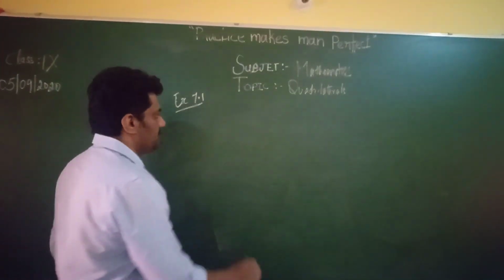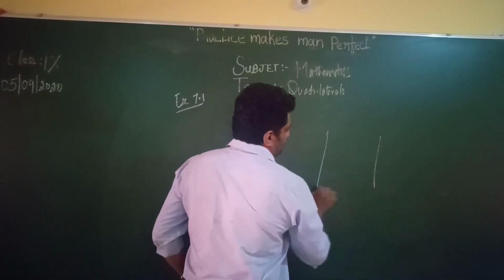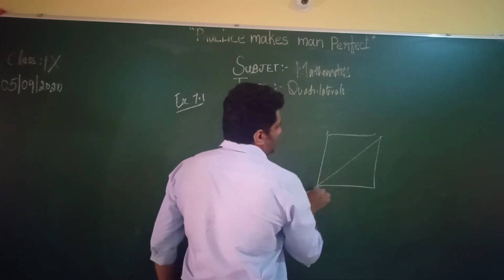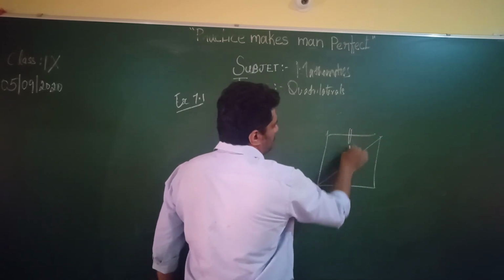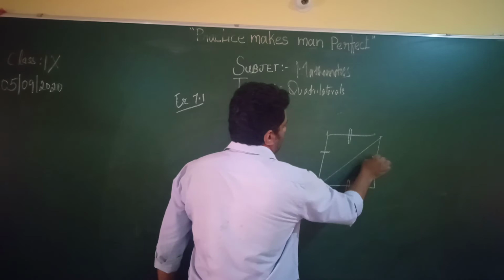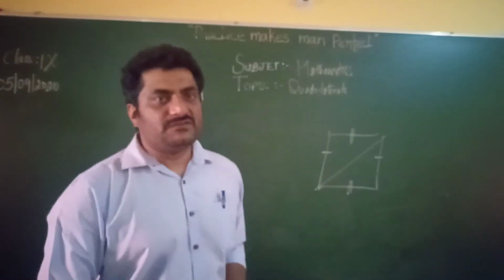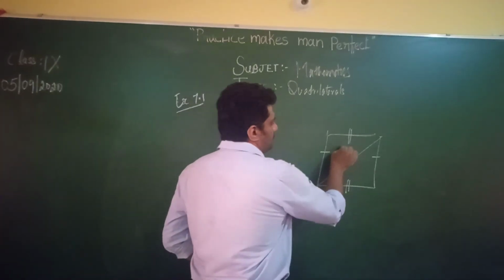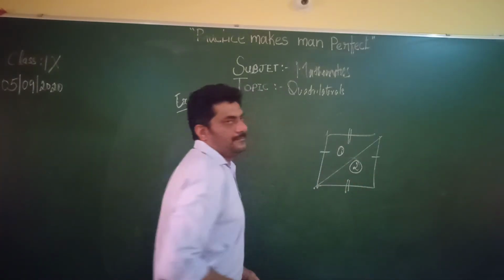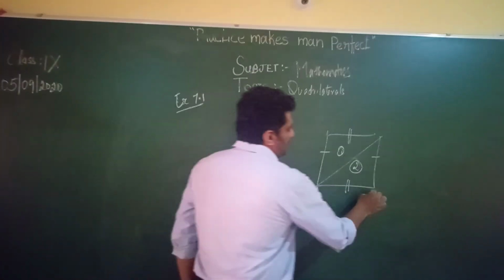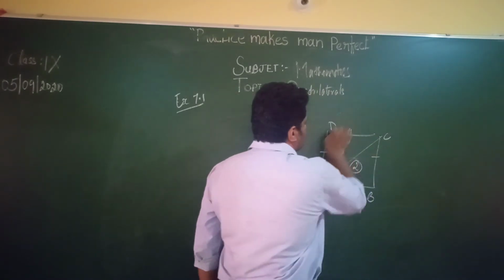That means you have a quadrilateral. They are telling that these two. Now again, we just have to take these two. Let's make this as A, B, C, D.